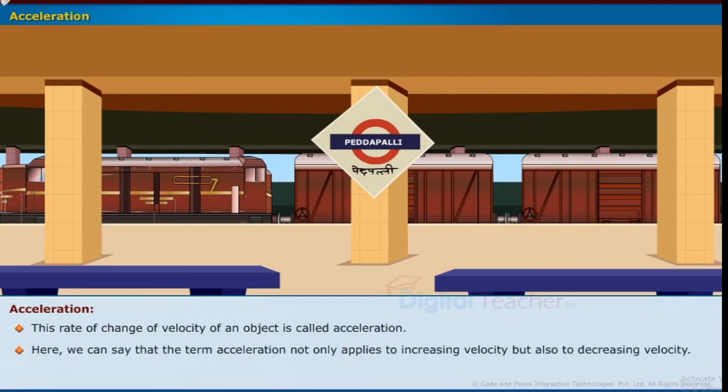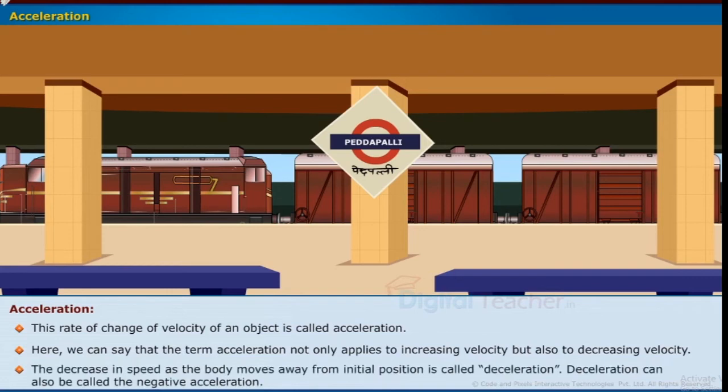Here, we can say that the term acceleration applies not only to increasing velocity but also to decreasing velocity. The decrease in speed as the body moves away from its initial position is called deceleration. Deceleration can also be called negative acceleration.